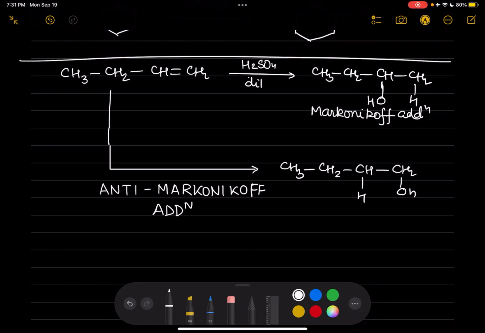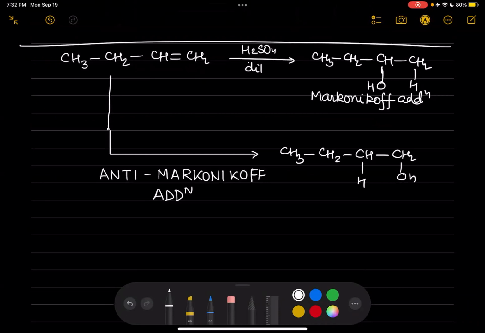if you want to attain that anti-Markovnikov addition, what do you need to take? Simply H2O2 will not work. You need to take some other things also. So you need to take a set of reagents, and I'm writing the sequence of the reaction.